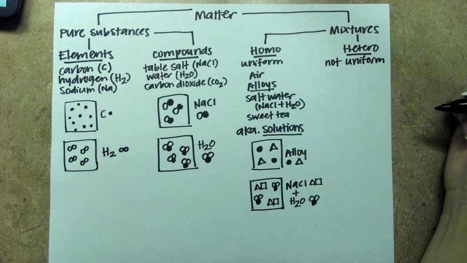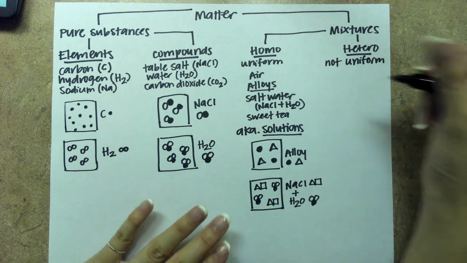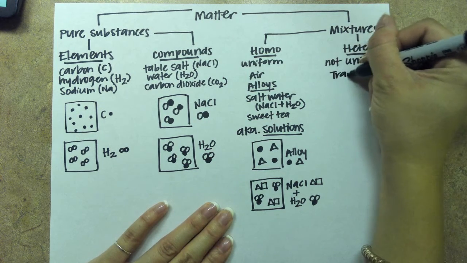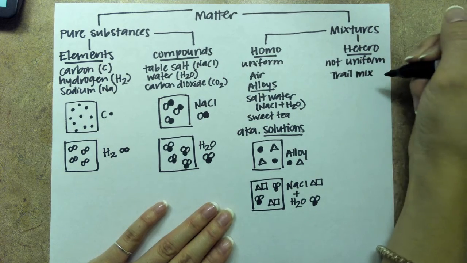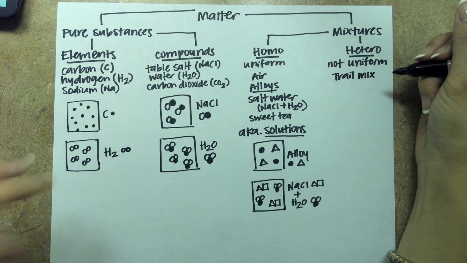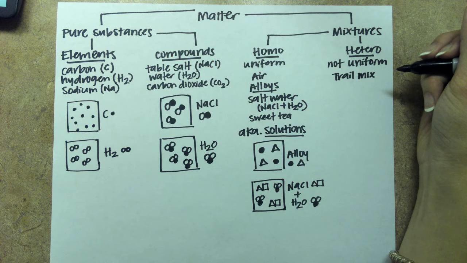There is no pattern. You can see the different parts of these mixtures typically. Examples of a heterogeneous mixture are things like trail mix. With trail mix, you can see the peanuts, you can see the chocolate, you can see, I like marshmallows in my trail mix, the little chunks of marshmallows. You can see all the different parts of it.